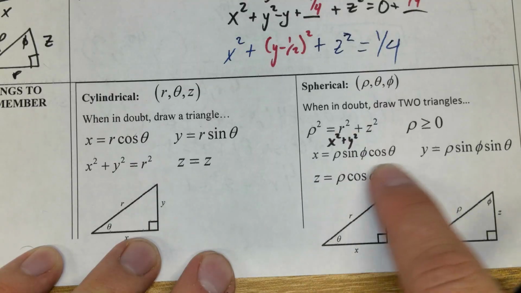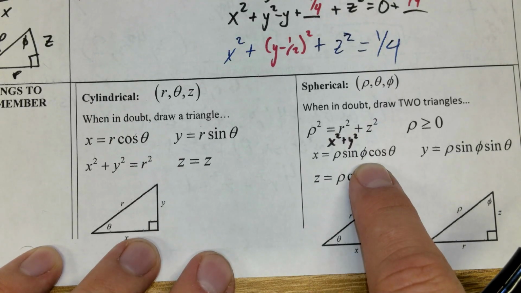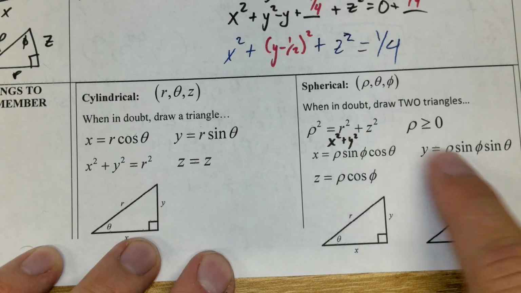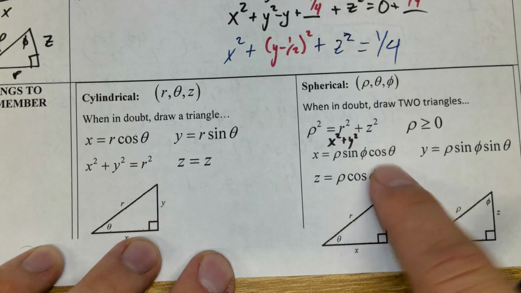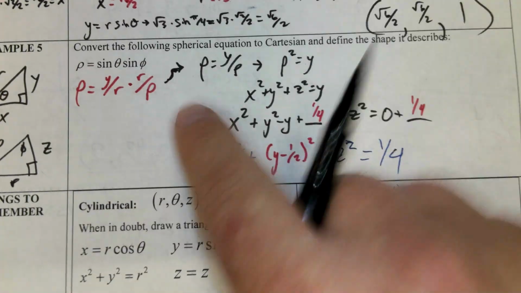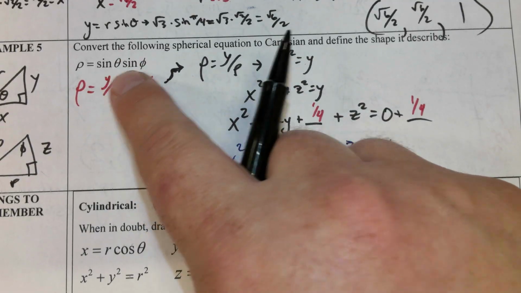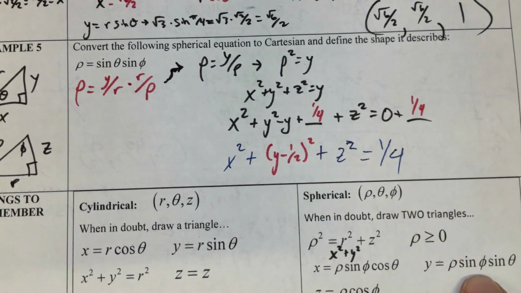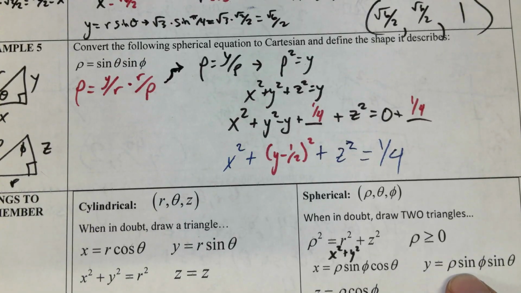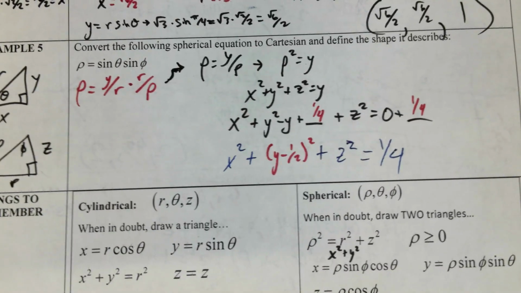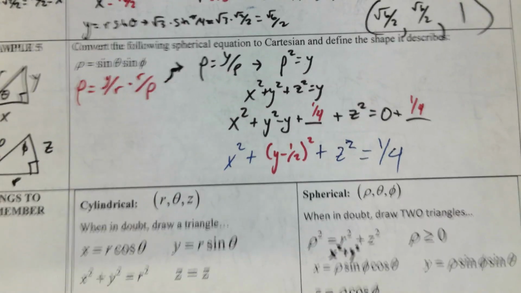There are some other shortcutty things we can do, right? These feel really strong, but ultimately, it's just this that we did over here, right? Sine theta, sine phi, sine theta, sine phi, y, rho. It's all the same, and it all just comes from these triangles. Triangle!